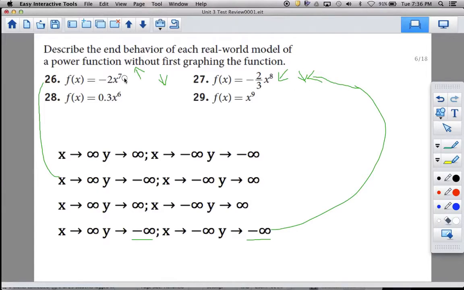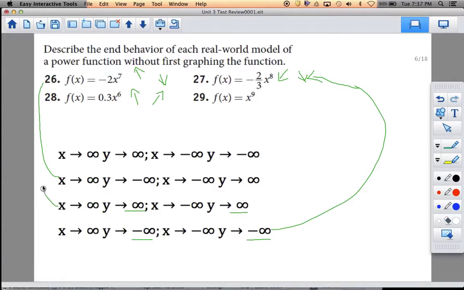All right, and then 28, my a value is positive, so my right side is going up. My exponent, or my power, is a positive, or even number, excuse me. And so my left side is going to do the same thing that my right side is going to do. So I need positive infinity and positive infinity. There we go.